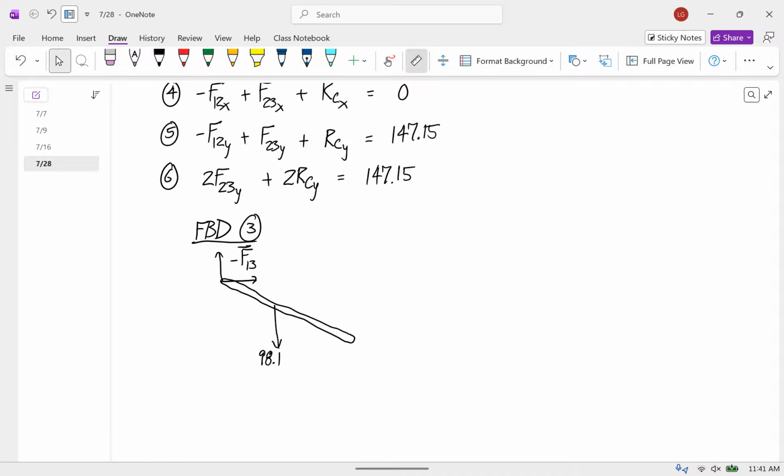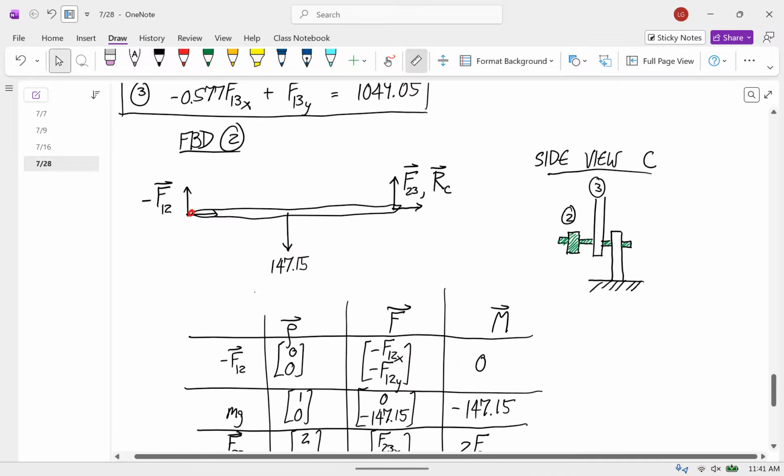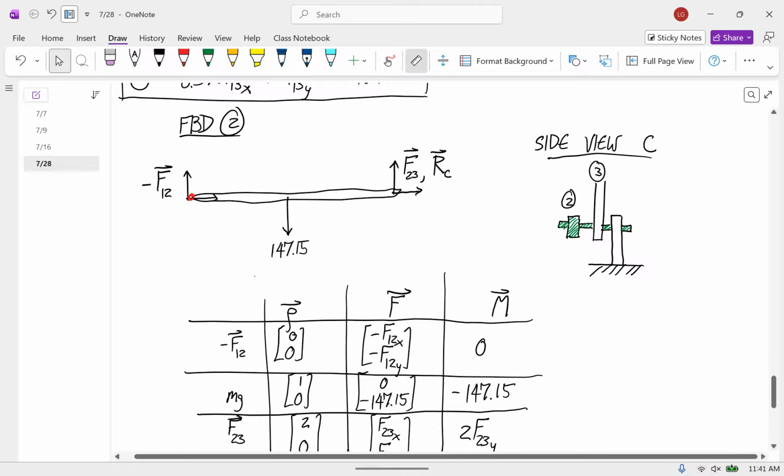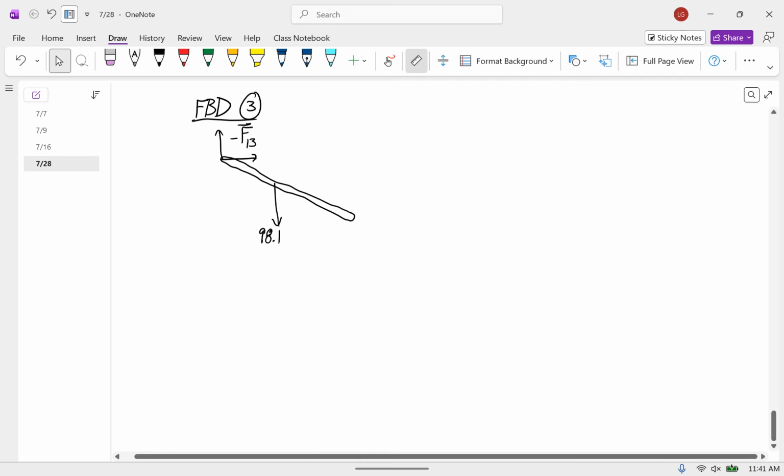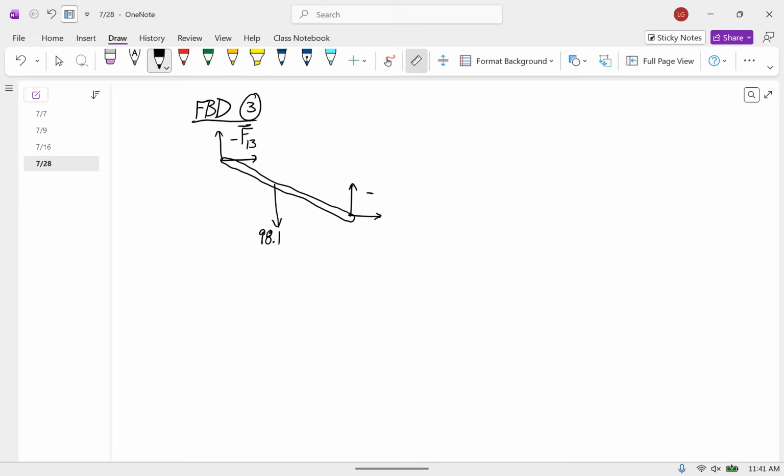And then at the lower right, that's the joint C. And if you look at C, the bracket for the ground is not connected. It's not touching member 3, so that doesn't go in here at all. The only thing touching member 3 is the pin, which is part of member 2. So now down here, we have the force on 3 by 2, and Newton's third law says that's negative F23. And so that's a complete free body diagram for member 3.